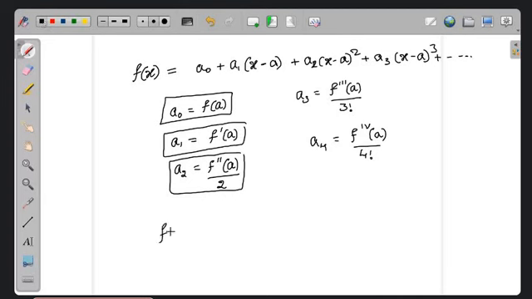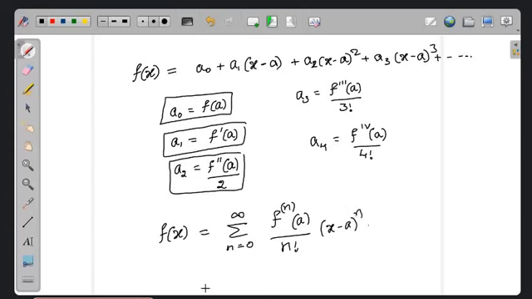Finally, the expansion of f of x is going to be summation n equal to 0 to infinity of the nth derivative at a by n factorial into x minus a whole power n. So this is what we call the Taylor series expansion centered at a.